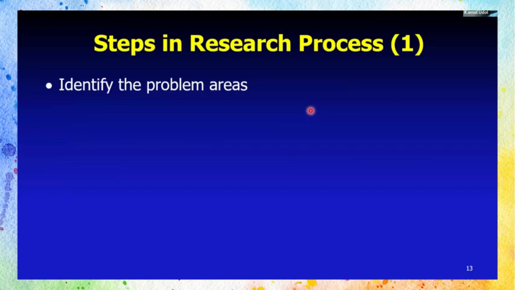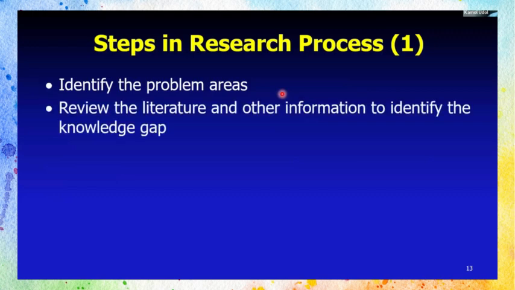We would like to do our research on this area. It depends on your interest, your field of expertise, and your work. Different researchers will have different interests, so they will have different problems, but each of them needs to identify what the problems are before they conduct the research.